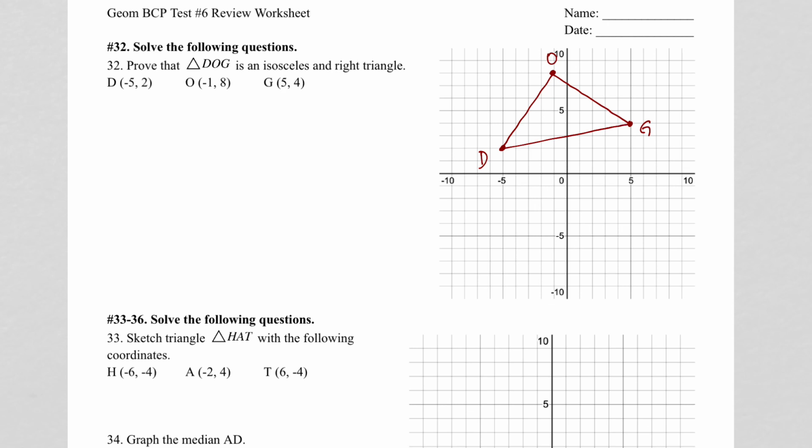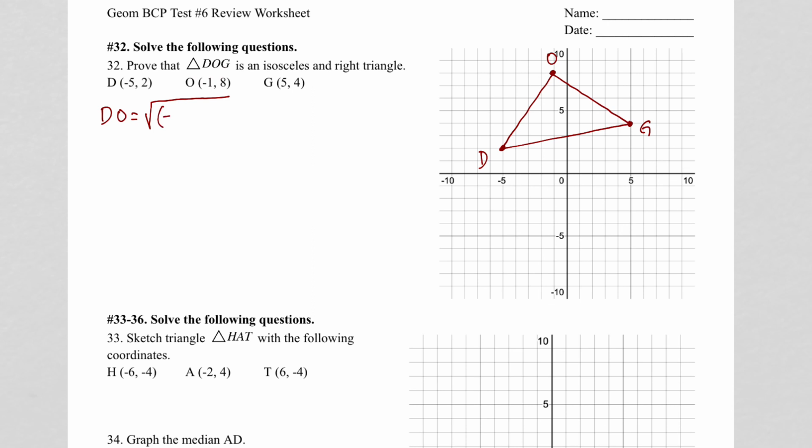Okay. Now, in order to show that it's an isosceles triangle, I need to show that this side and this side are the same length. So let's look at the length of DO. The length of DO is the square root of the difference of the x's. So this is this minus this, and it doesn't matter which way you subtract, because you're about to square.